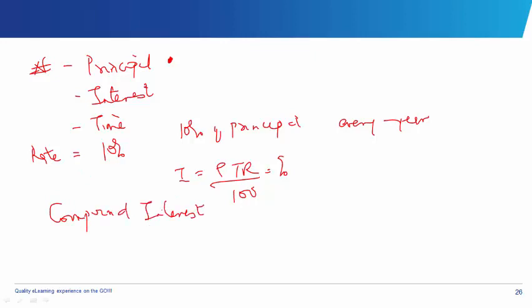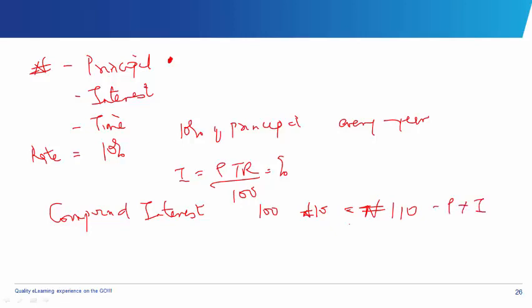Okay, now compound interest, this is the way it works. Let's say you borrow 100 naira, and after a year you're expected to pay 10 naira as the interest. Now that means the total amount you pay back at the end of that year will be 110 naira. By that I mean the principal plus the interest.